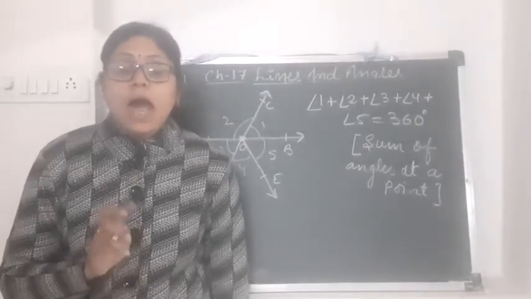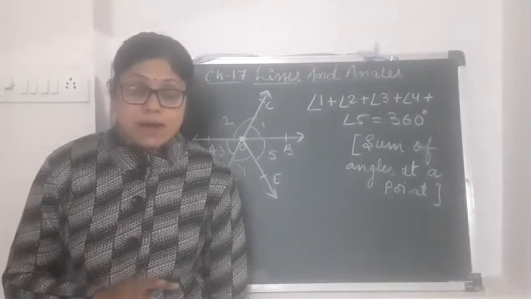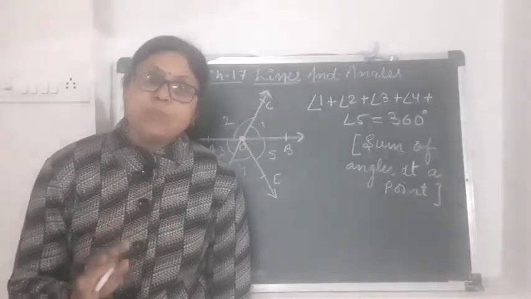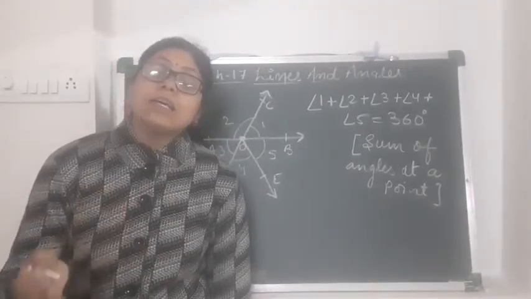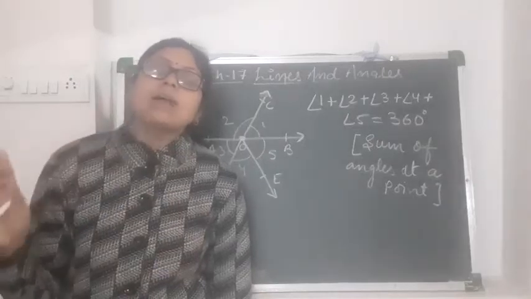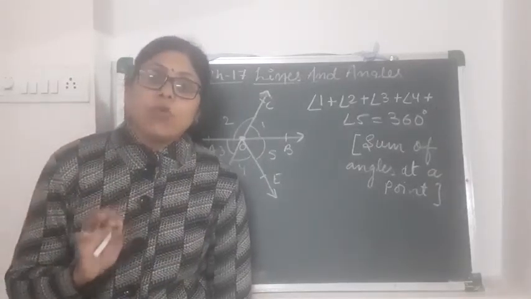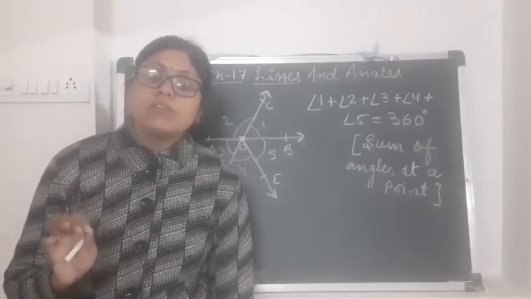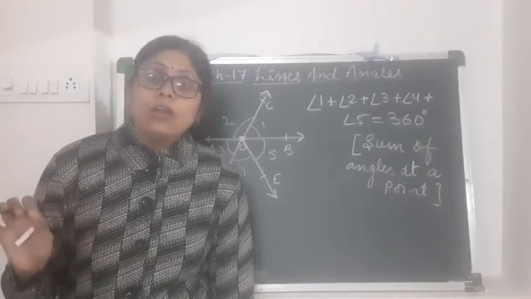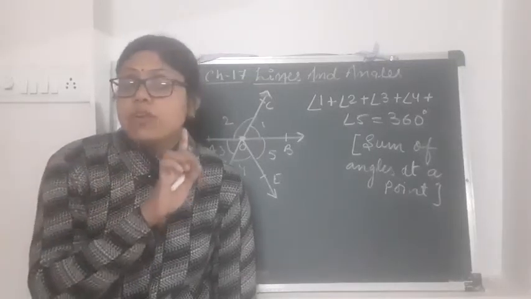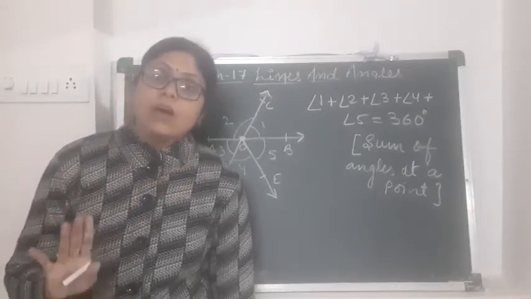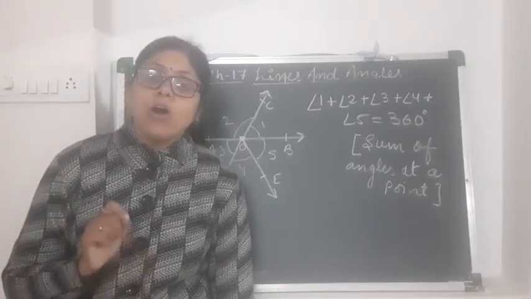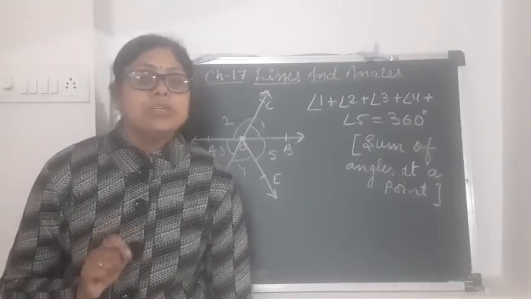When two adjacent angles are formed on a straight line, it will be called a linear pair; in layman's language, it will be 180 degrees. Then if many angles are there at a point on a line, their sum will always be equal to 180 degrees. At that time you will write the reason: sum of the angles formed on a straight line. You will never ever write linear pair for your reason. Next is angles formed at a point, that is always equal to 360 degrees.